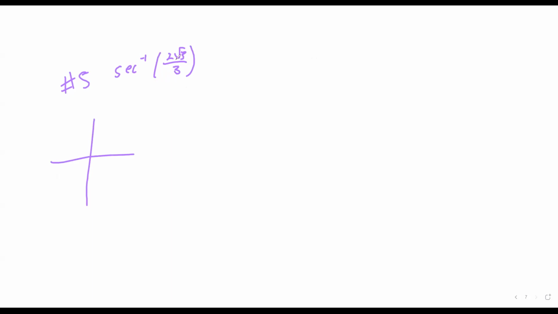All right, now we know that secant equal to 2 square roots of 3 over 3 is got to be the same thing as 1 over cosine, which is 1 over 2 square roots of 3 over 3, which if we keep change flip is now 3 over 2 square roots of 3. Rationalize it. It gives me 3 square roots of 3 over 2 times 3, so that cancels. So that gives me the square root of 3 over 2.